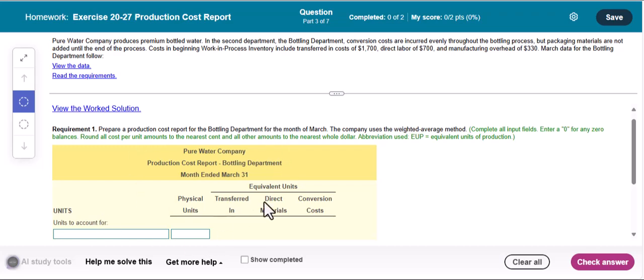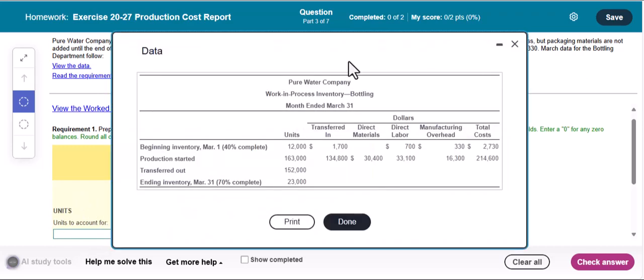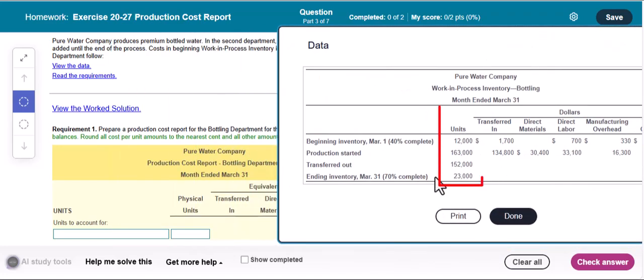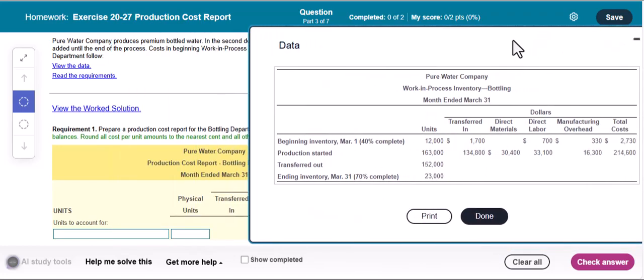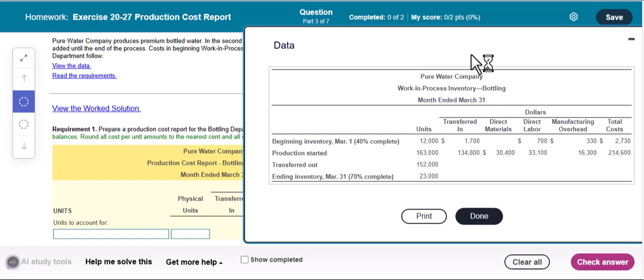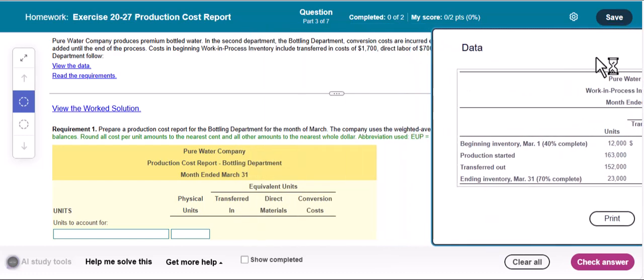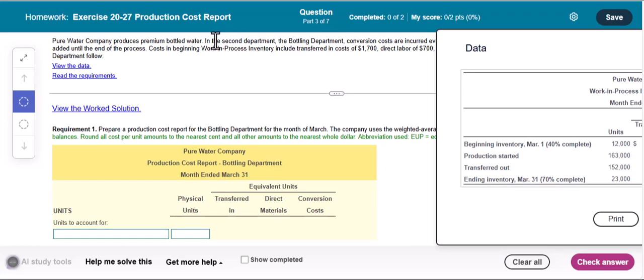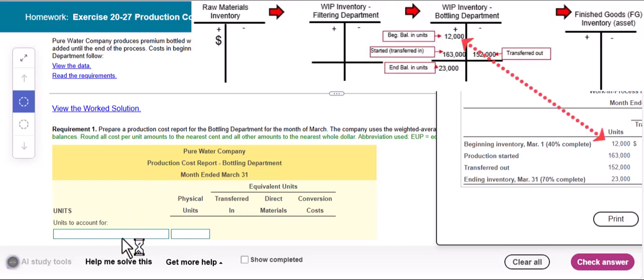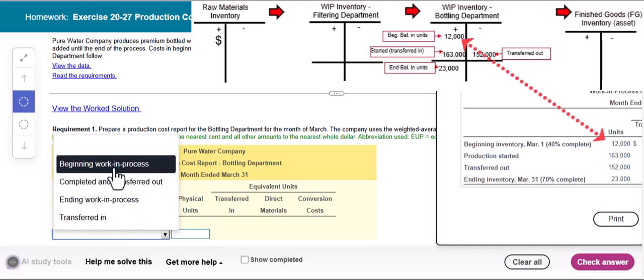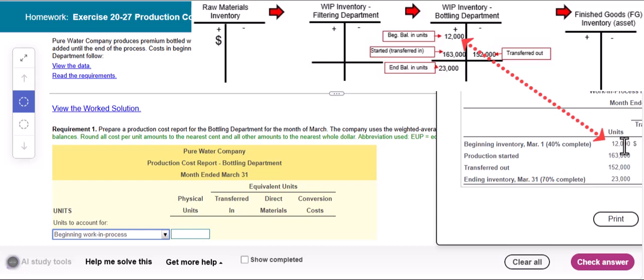As always for the production cost report, we're going to start with the unit section. All we're going to be talking about within this data is this first portion, these units. We do not need these costs yet. We can scoot these over. Let's start with our beginning inventory. That's the beginning work in process, and that is these 12,000 units.